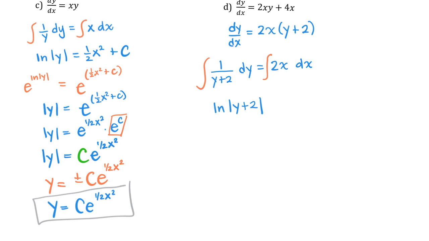Technically I could use u substitution here, picking u to be y plus 2, but since the derivative of u would just be 1, it's not really going to mess this up, so I'm just going to leave it as it is. There should be a constant, but I'm going to incorporate the constant on the right side. If I take the antiderivative, 2x squared divided by 2 goes down to x squared. I'm going to put my constant here.